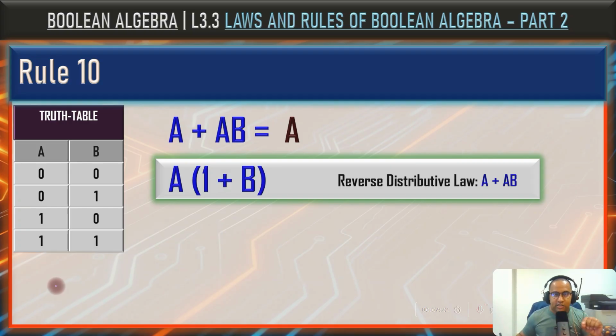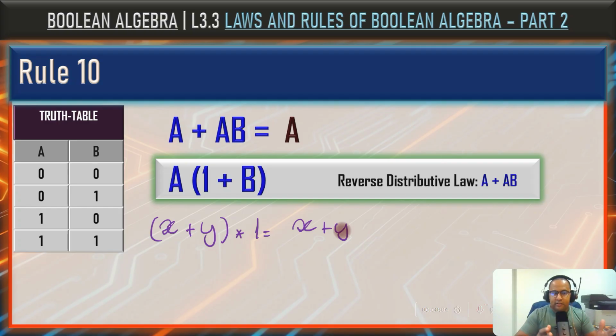The same idea applies to expressions. For instance, (x plus y) grouped inside the parentheses times 1 equals x plus y. Okay? In Boolean algebra, this works exactly the same way. In fact, this is known as Rule 4.